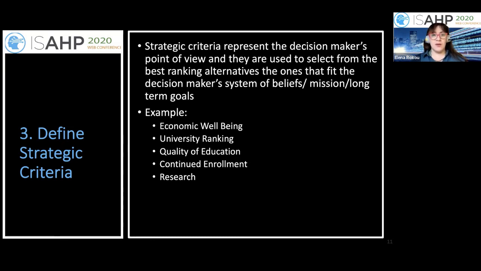Because that's the way that you will be able to define what you need to do. For example, for the university, really important is obviously the economic well-being, the university ranking, the quality of education, the continued enrollment, and to be really good at the research level.